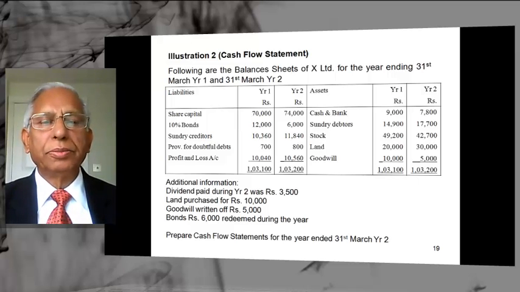Now I give you a very simple idea of what we will be doing. First we will calculate cash from operating activities. Thereafter we will deal with all the items in the balance sheet one by one. If any item has resulted in an inflow, then it will be a positive item.